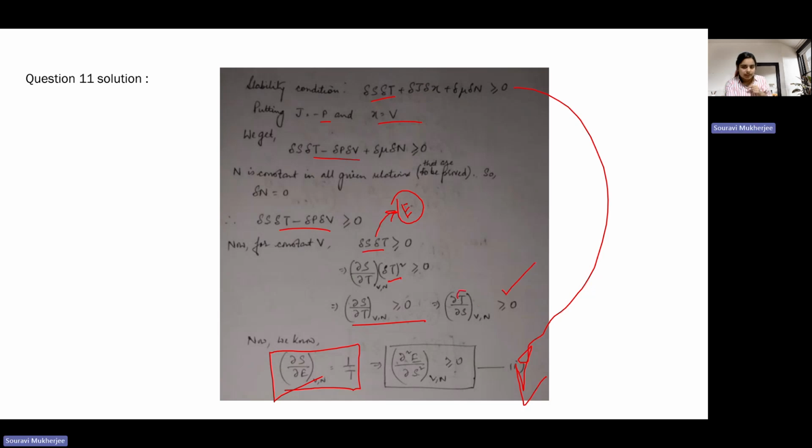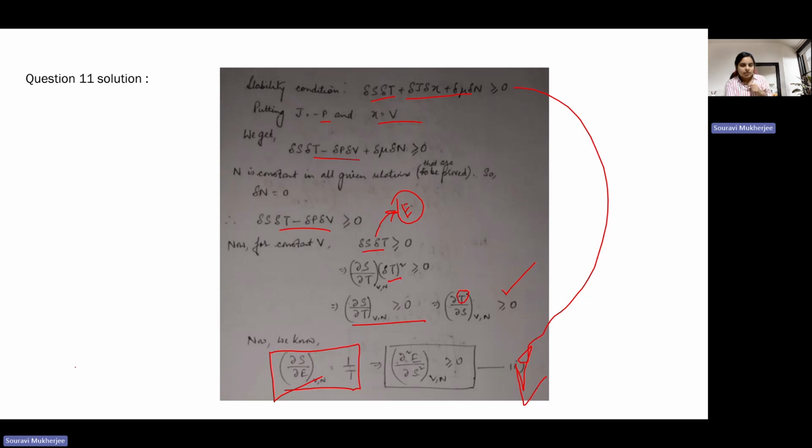Here you can replace T by del E del S, right? That's the relation. Once you do that, you have a double derivative of E with respect to entropy, and from this stability criteria we could write an inequality that has to be satisfied by this double partial derivative of internal energy.